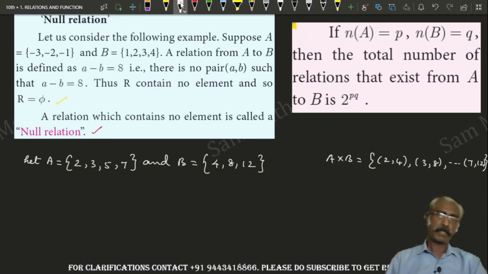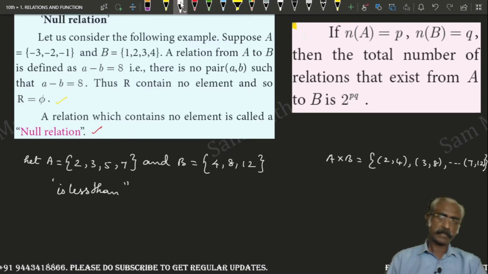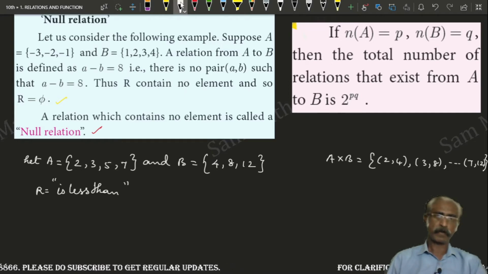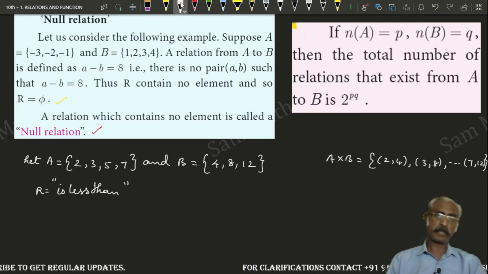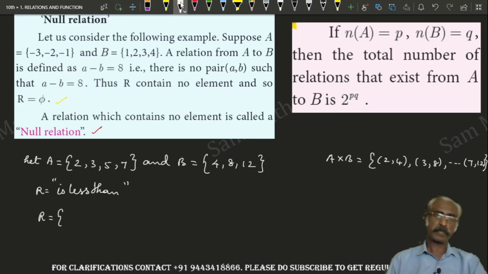Now I am defining a relation, is less than. Here is less than is the relation R. Okay, children. So from A cross B we have to write all the order pairs which satisfy this condition. Therefore R is equal to, R is a set now. 2 is less than 4 is true.